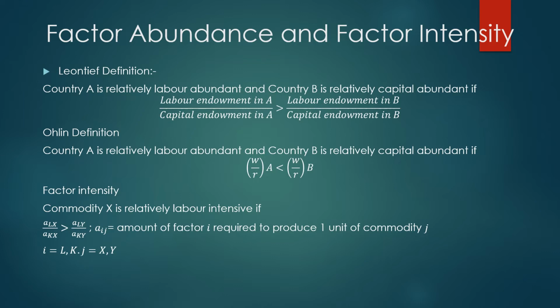Here we measure the labor-capital ratio by considering the labor and capital required to produce 1 unit of X and Y. So if the labor-capital ratio is greater in X than in sector Y, then we can say commodity X is a relatively labor intensive commodity and commodity Y is a relatively capital intensive commodity.